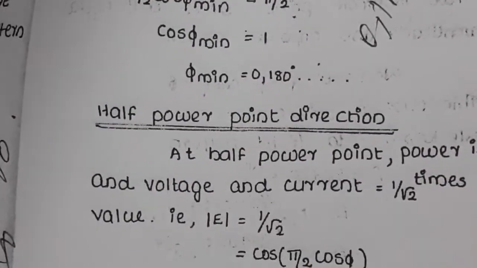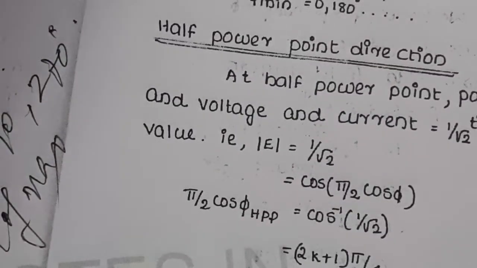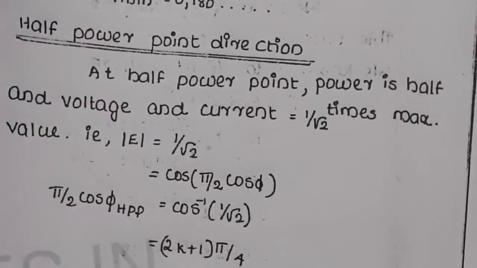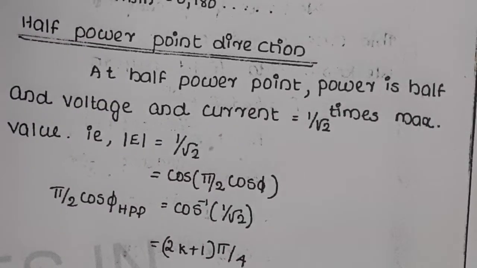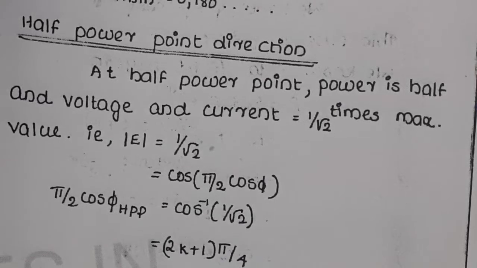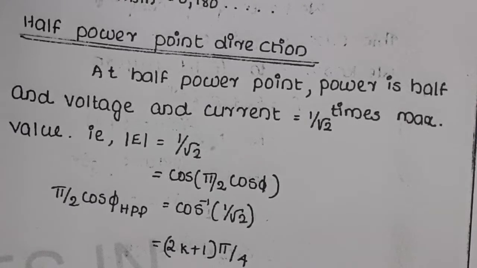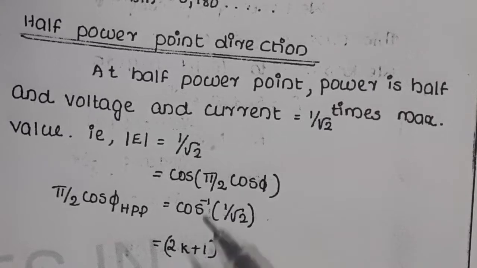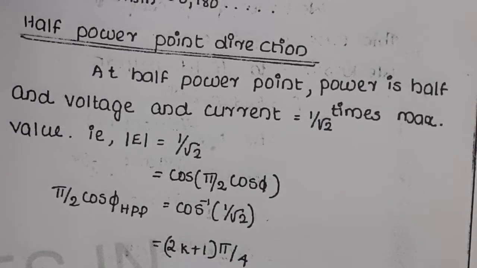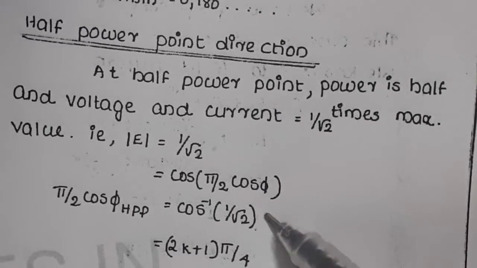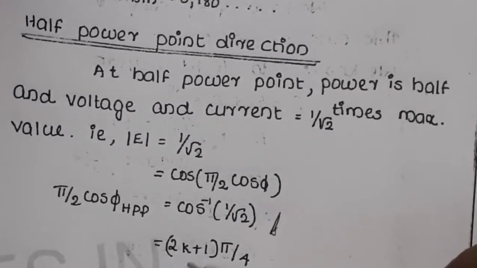Now we will consider the half power point direction. What is the half power point direction? Generally we take 1 by root 2 of the maximum value, which is called the half power point or 3 dB point. At the half power point, the power is half, and the voltage and current are 1 by root 2 times the maximum, therefore equal to 1 by root 2. Then cos pi by 2 cos phi is equivalent to cos inverse 1 by root 2, and you get the general equation like this.